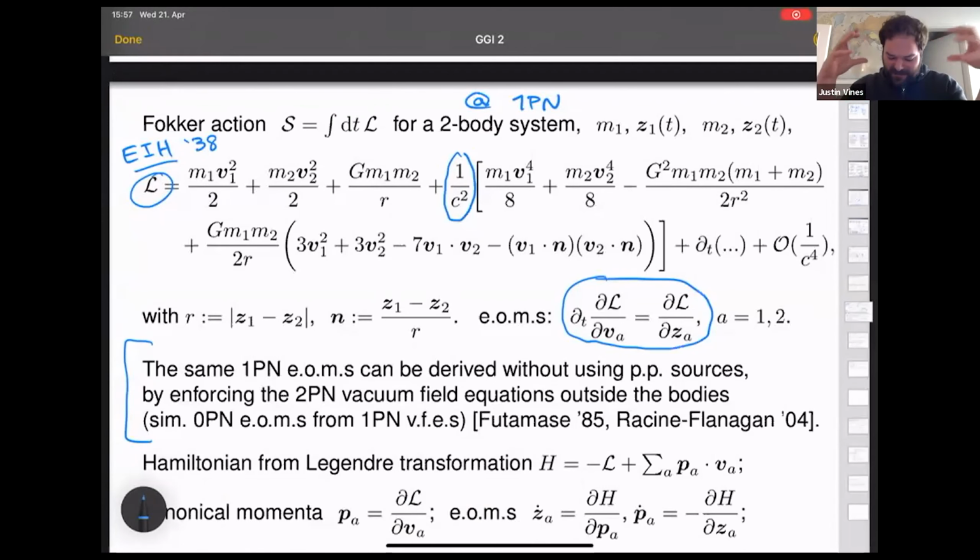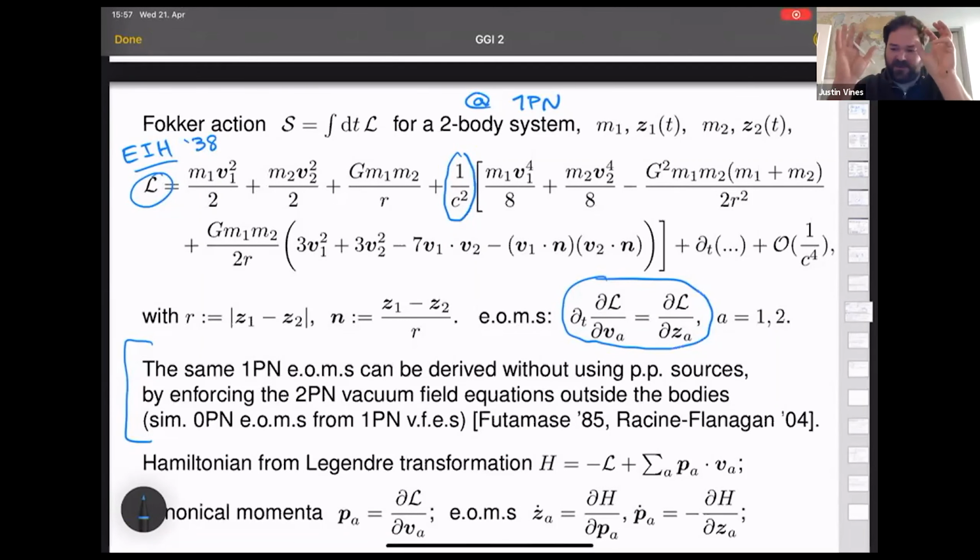And in fact, it's an important physical point that how a body moves in a gravitational field, at least when it's surrounded by vacuum, is to a very large extent determined only by the vacuum gravitational physics surrounding it.